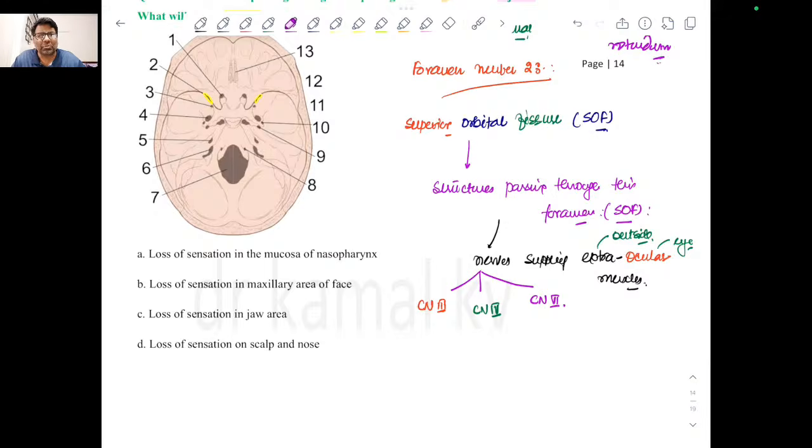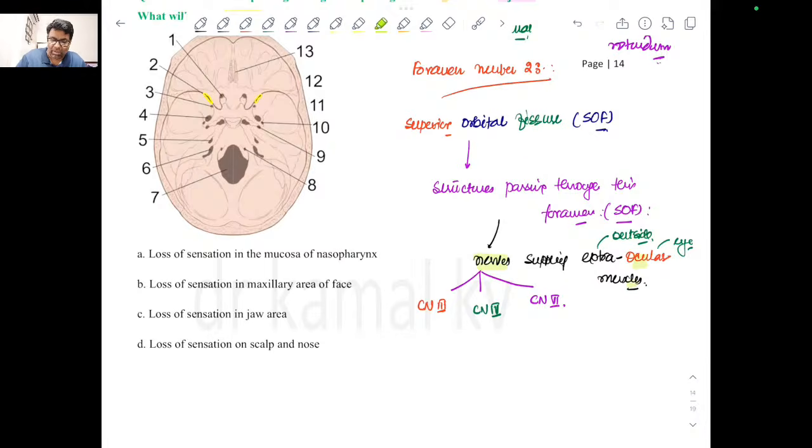Oculomotor, trochlear, abducens. And if you remember the mnemonic SO4, LR6, rest by third. Okay, so one thing is that three cranial nerves which are supplying the extraocular muscles, they are traveling from the cranial cavity going to the orbit through the superior orbital fissure.